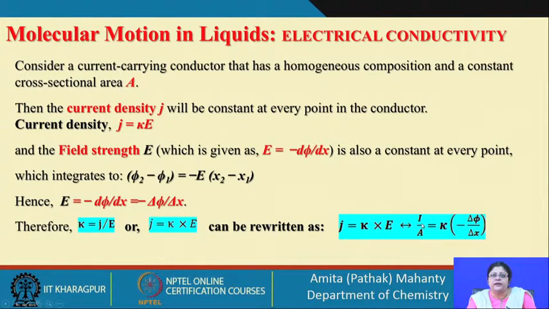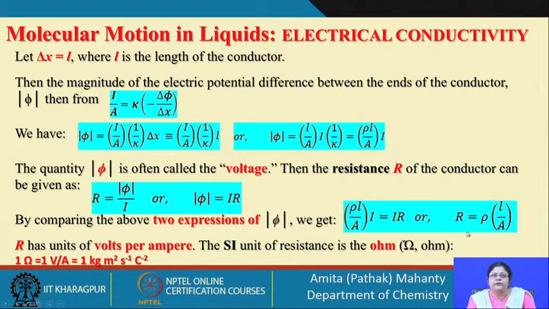J is I by A, and that is equal to kappa into the gradient in the potential across the length L. Okay. So, if the length of the conductor is L, we can replace the dl dx with L.